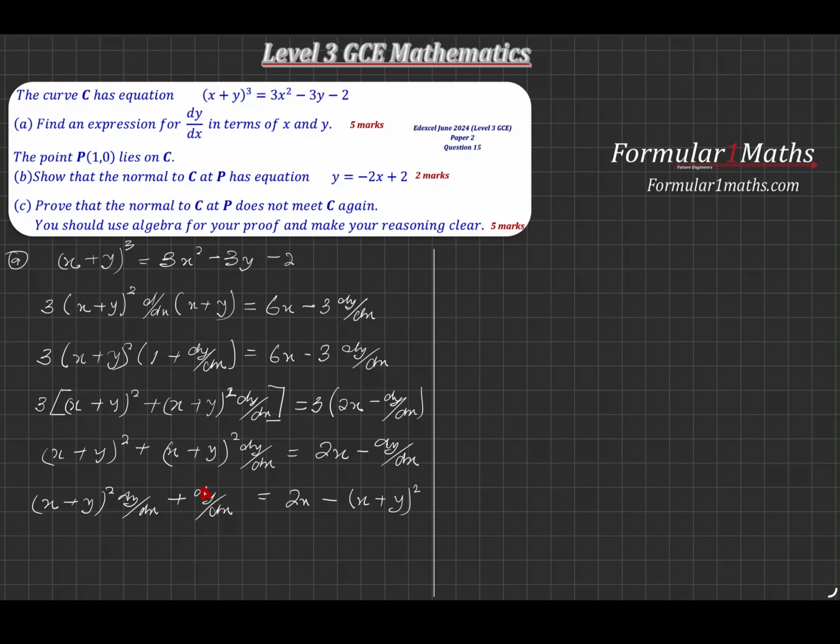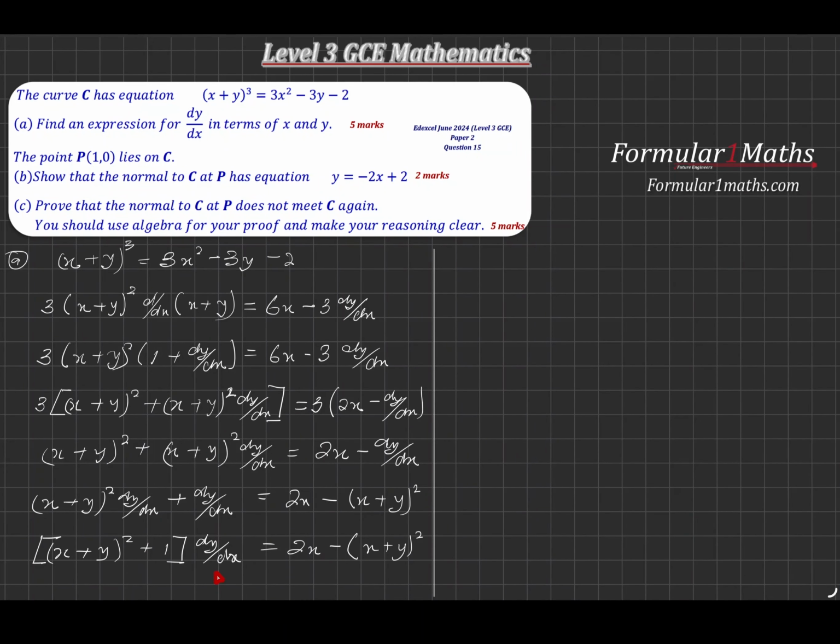So dy/dx is common. If I do my factorization, I get ((x + y)^2 + 1) dy/dx equals 2x − (x + y)^2.